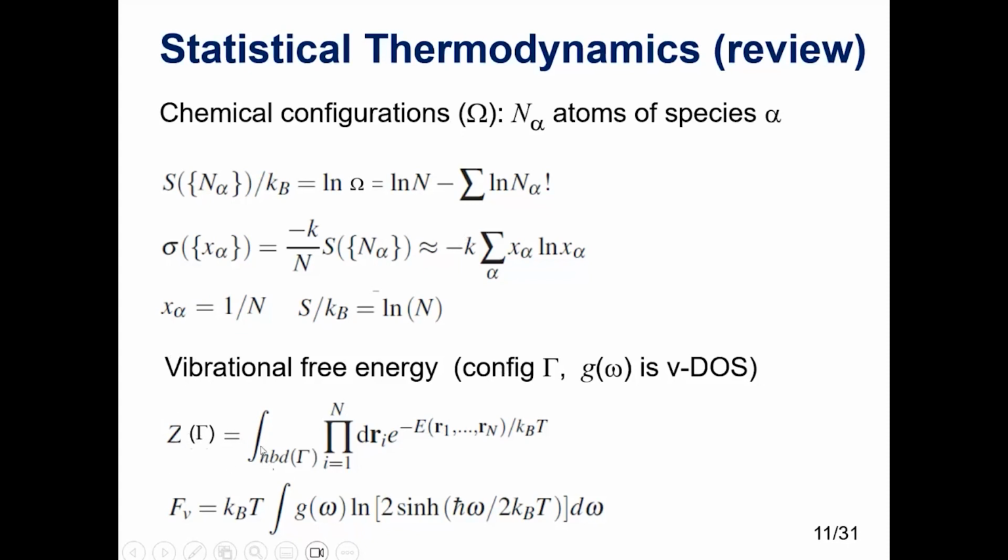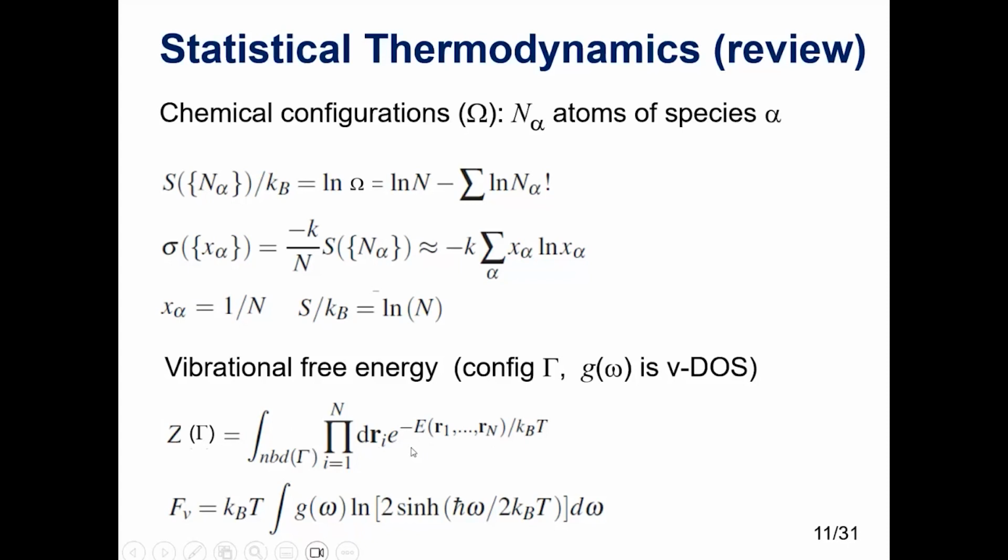And it is obtained by integrating over the neighborhood of a given configuration the energy for the small displacements away from the equilibrium sites. So we need to work out this integral.